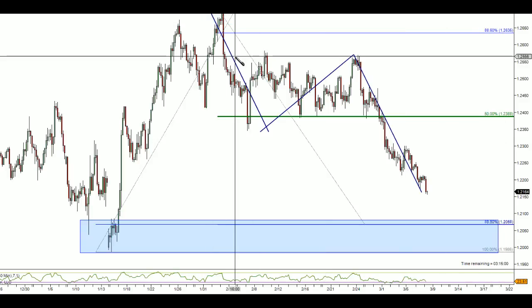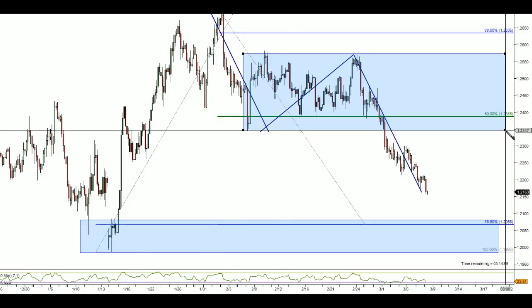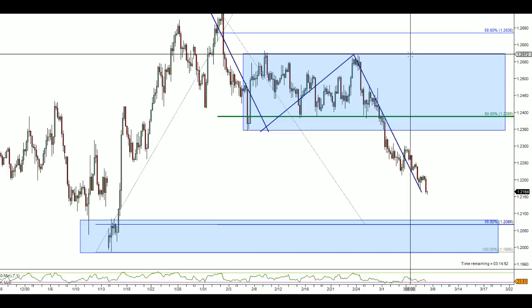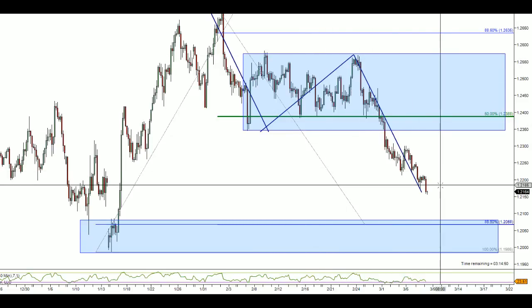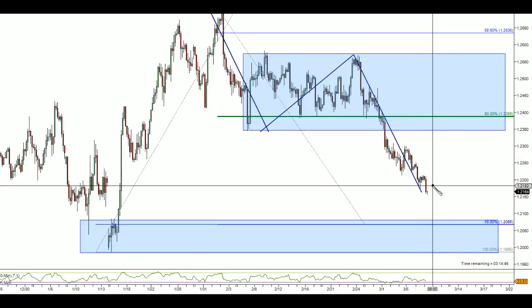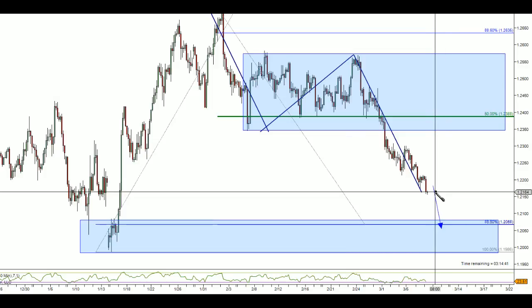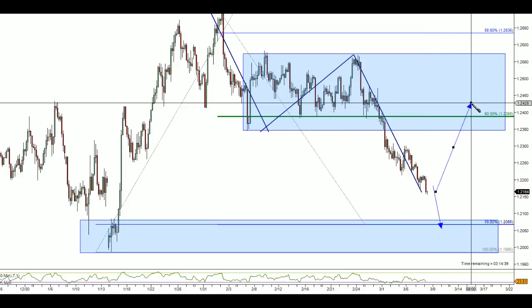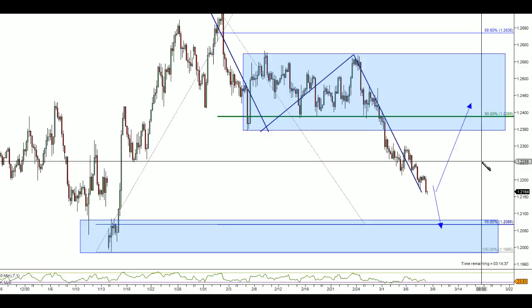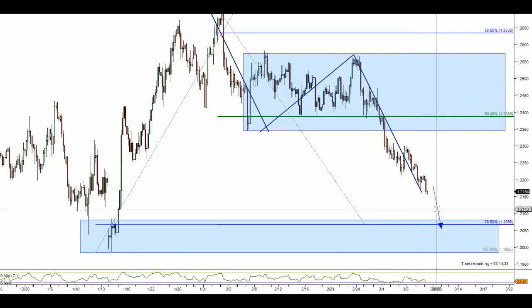Now we could come up into this level and find resistance of some kind. So where's price likely to go? We're likely to go down, continuing down here, testing these lows, or we could turn around on a dime and rally up. So that's where price is likely to go next.